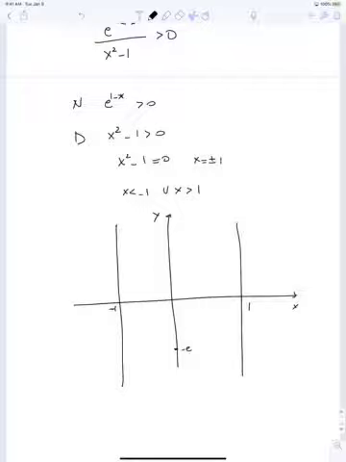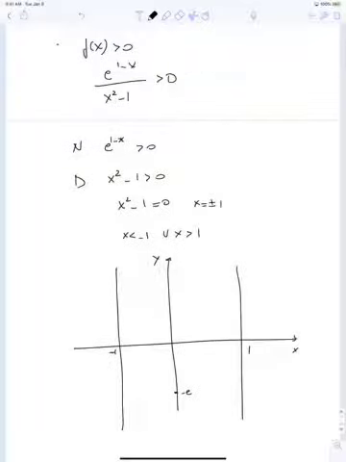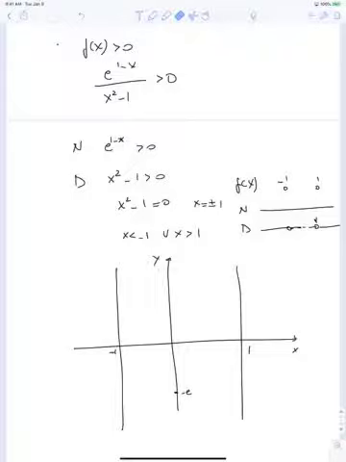We have that the numerator is always positive, and the denominator is positive for x greater than 1 and x less than minus 1, and negative otherwise.